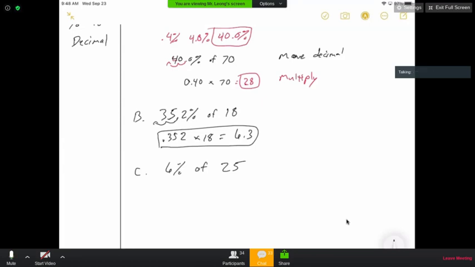Put in the chat. All right, good. I'm seeing some good answers here. Okay. Anyone else? Put in the chat what you got. Okay, so some people are getting 15 or some people are getting 1.5.